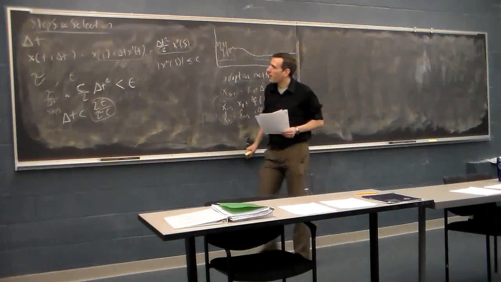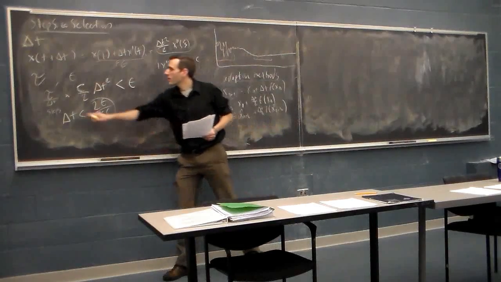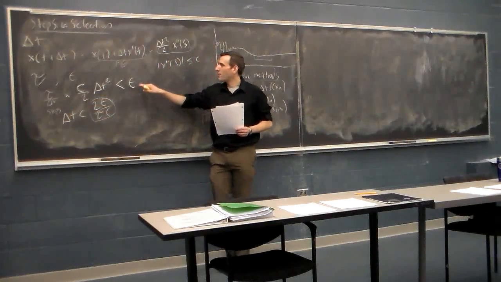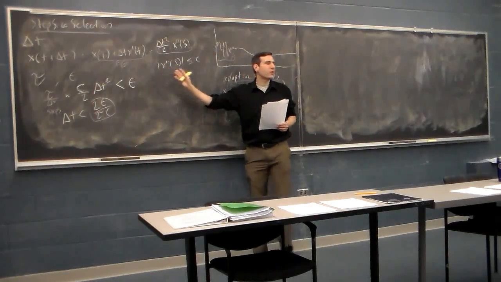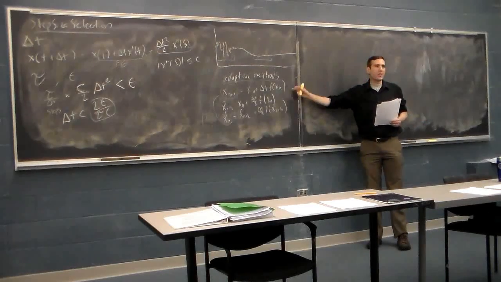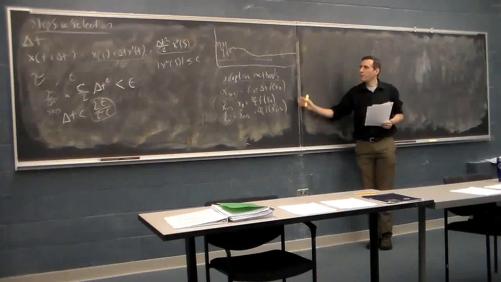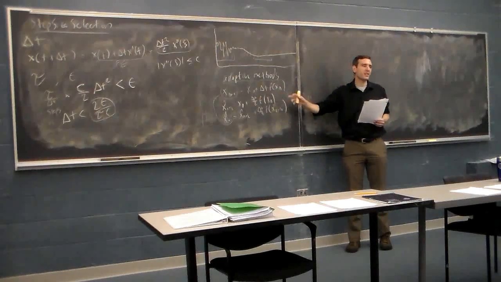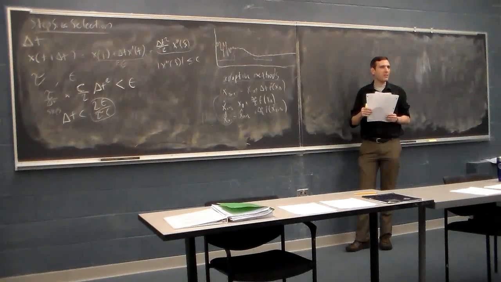So if we're trying to bound our total error by epsilon, and we're taking tau over delta t steps and we want total error epsilon, then we'll allow epsilon delta t over tau error per step. And then we can just use this estimate to see if we're getting too much error on that step. And if we are, then we shrink delta t and try again. So that's the simplest version of an adaptive method.